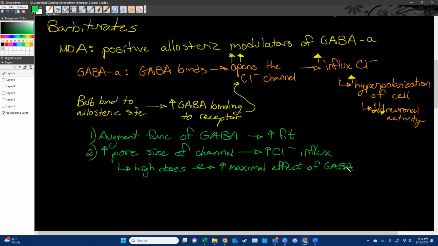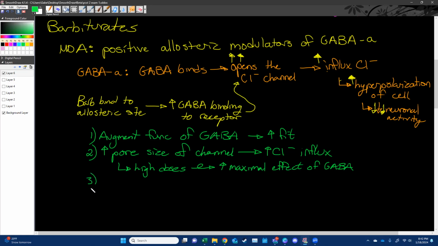This is why I'm sure he showed you the chart that explains sedation, hypnosis, and anesthesia, and then coma and death. This is why barbiturates can go higher, because they can force the pore to open wider.